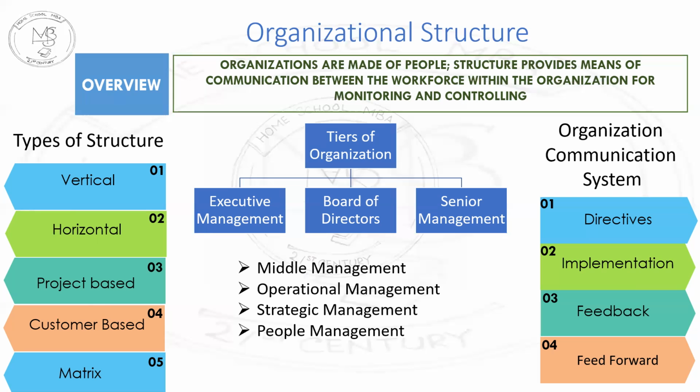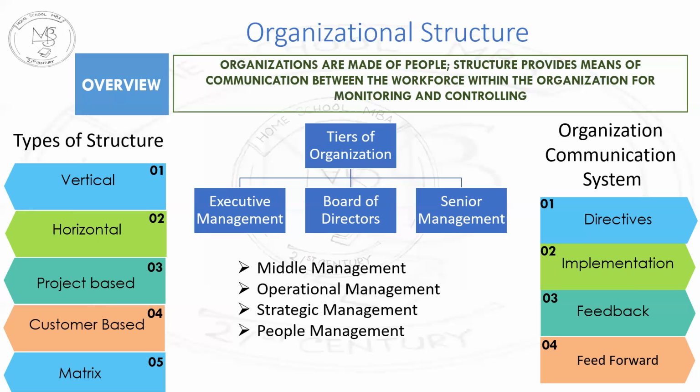Executive management serves as the eyes and ears of the chief executive because they provide him the feedback and the feed forward for establishing various policies. Then we go down to the senior management. Senior management interprets those policies and passes on the instructions, rules, regulations, and directives to middle management.